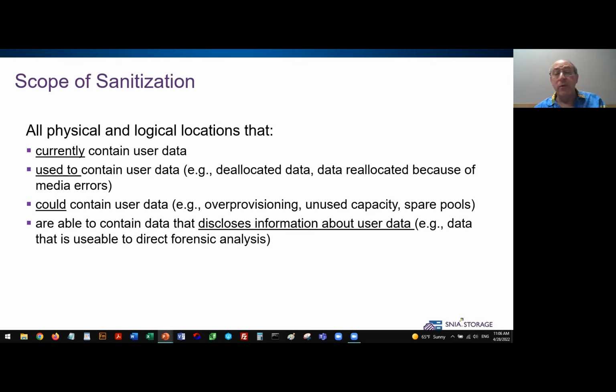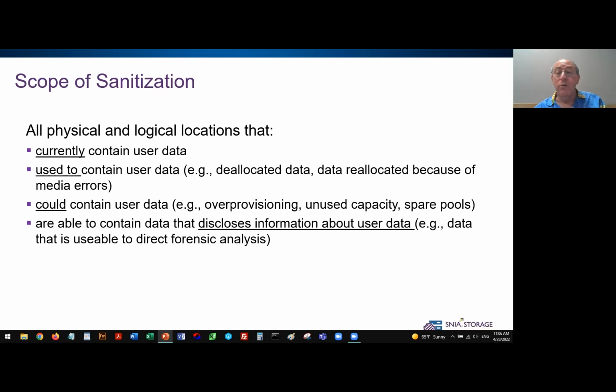For example, say you have a 50 terabyte hard drive and an adversary gets hold of it and they want to find out, well, what are the interesting pieces on this? Well, they could go through all 50 terabytes, block by block by block, but if they have a hint that certain areas were used, then that's a clue for them to minimize their effort.